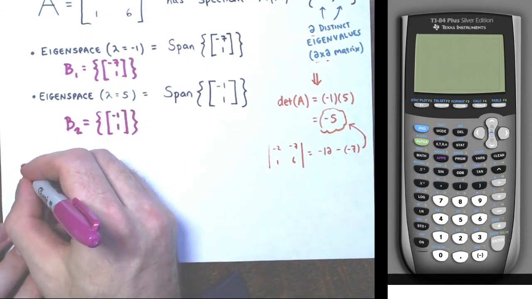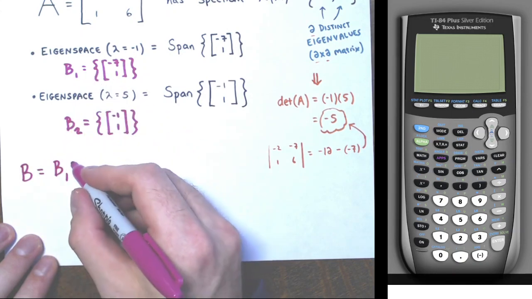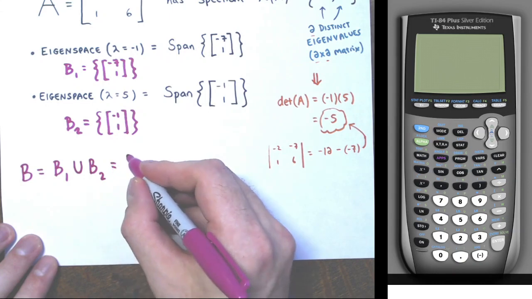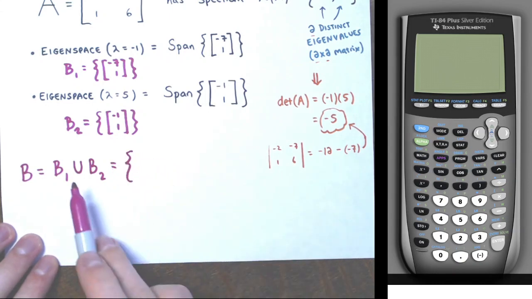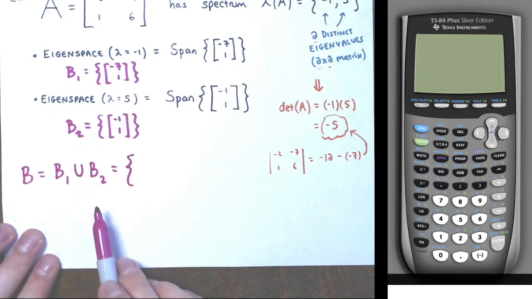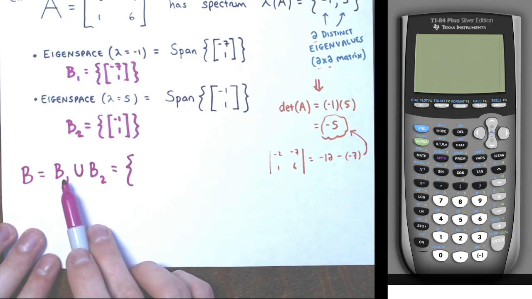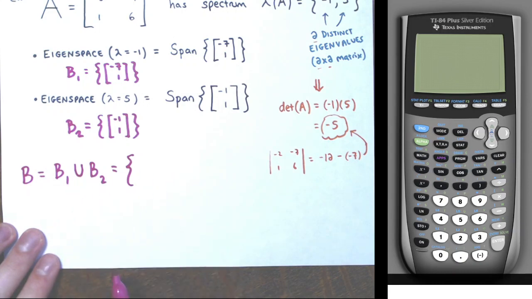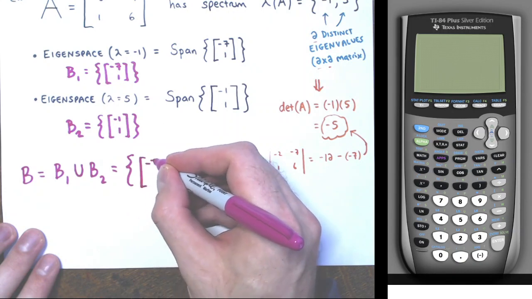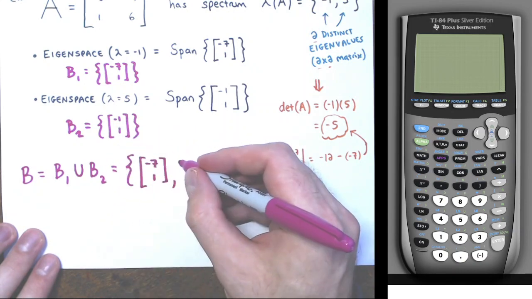So let's make this new set, which is basis 1 union basis 2. Now remember, if you're in the union, that just means you're in one set or the other set or both. So you're really just taking the vectors from B1 with the vectors from B2 and putting them in the same set. So B1 has the vector negative 7, 1 in it. B2 has the vector negative 1, 1 in it.